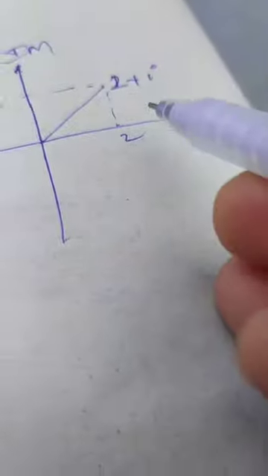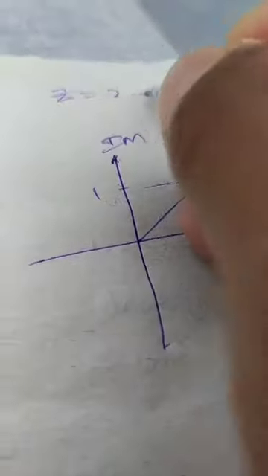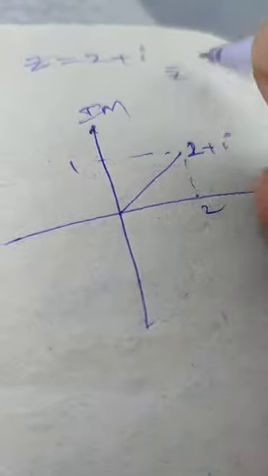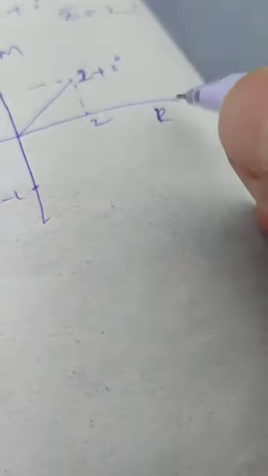This is 2 and this is 1, so 2 plus i. What is the conjugate? I have taken z equal to 2 plus i. As explained, the conjugate is 2 minus i. See, 2 minus i lies below the real axis.